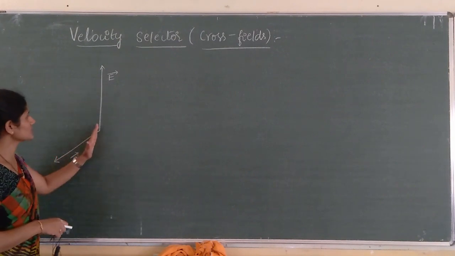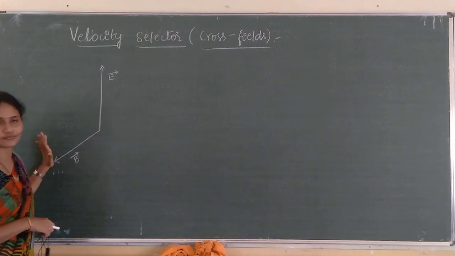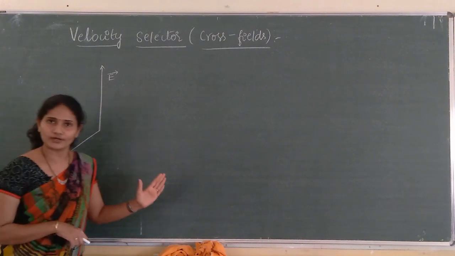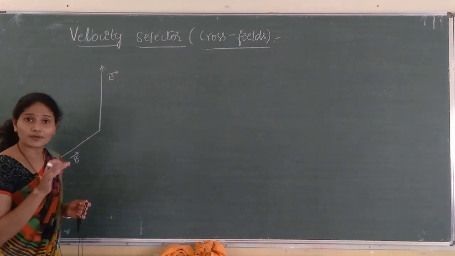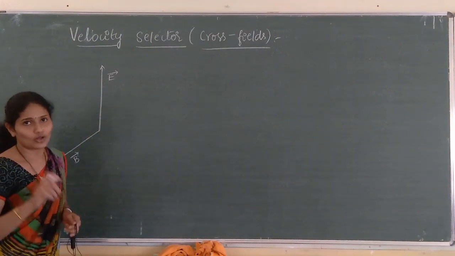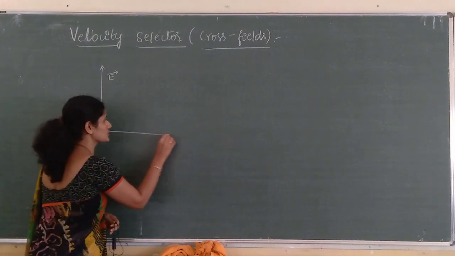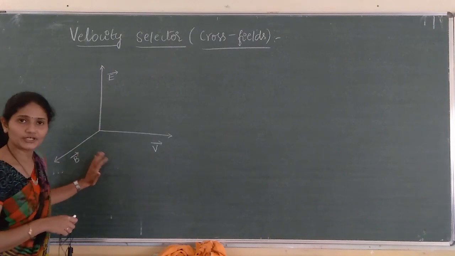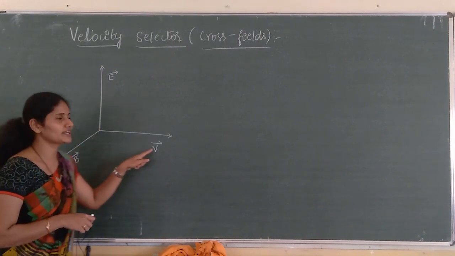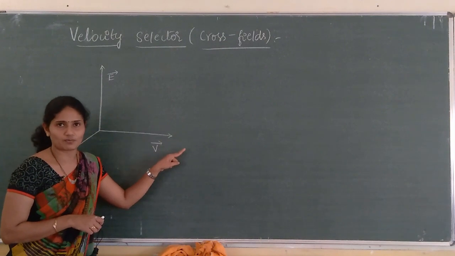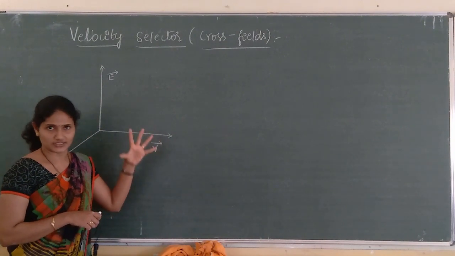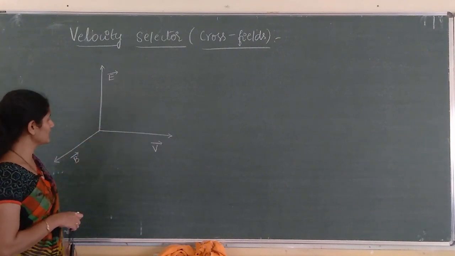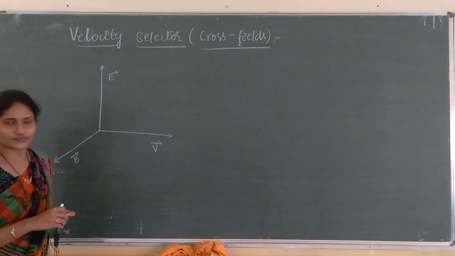Electric and magnetic fields are perpendicular to each other and they are perpendicular to the velocity, the direction of propagation of the charged particle. So this is the direction of velocity, this is the direction of electric field and this is the direction of magnetic field.